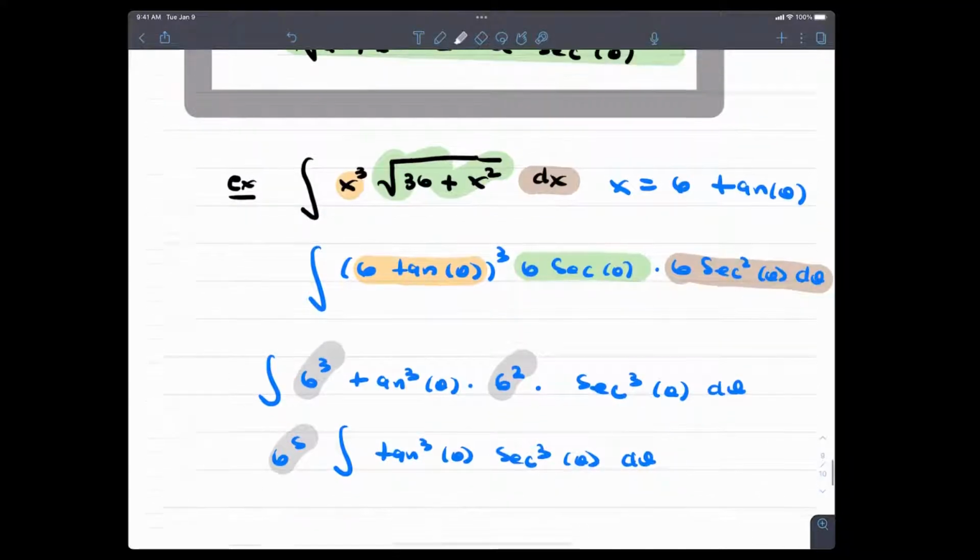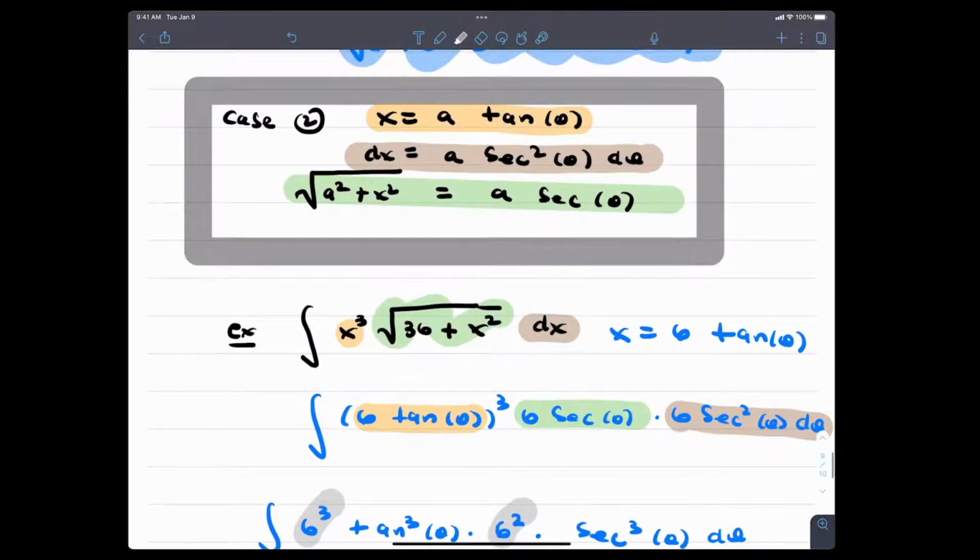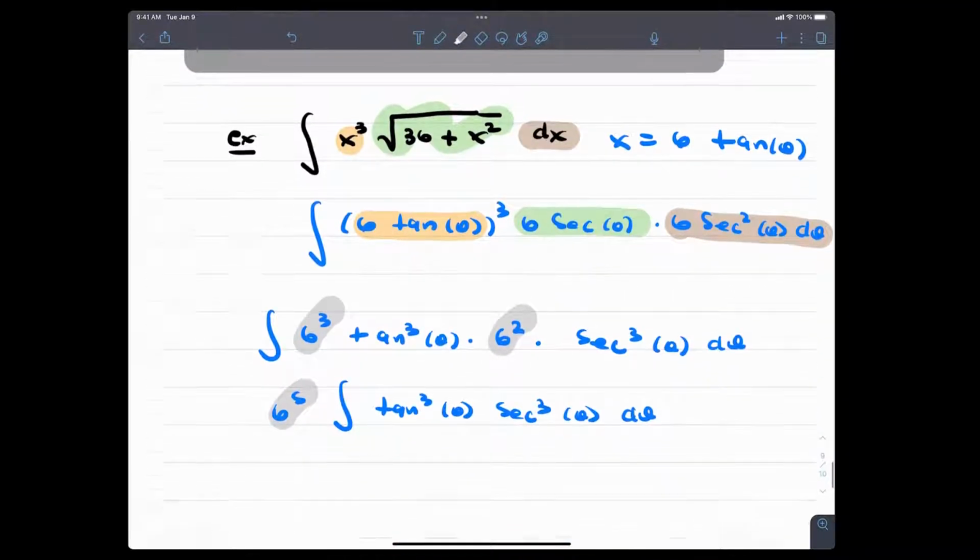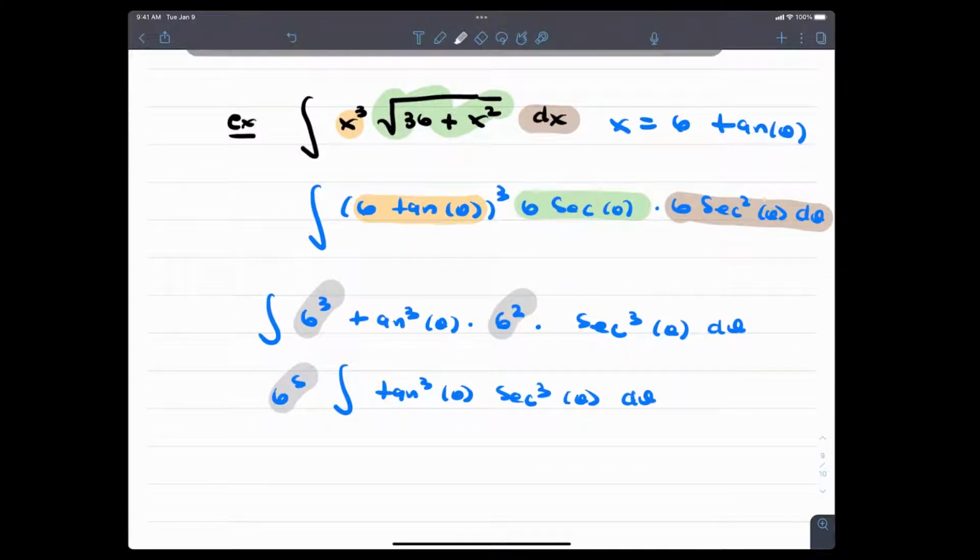So double check, ladies and gentlemen. This is the substitution. This is a case 2 substitution. I think that's 6 cubed. Is that right? Yeah, I put it right here. See this here?